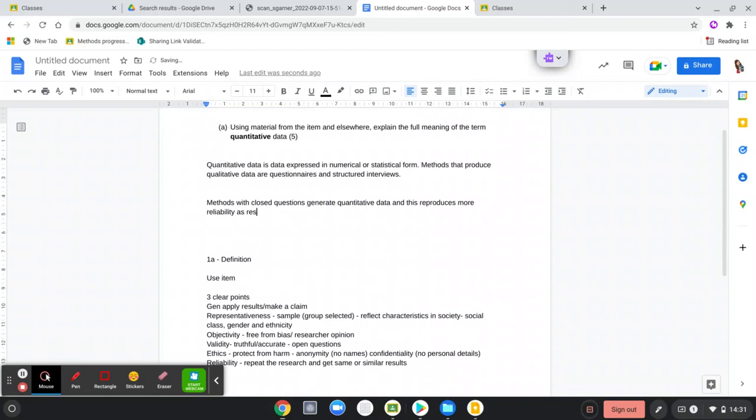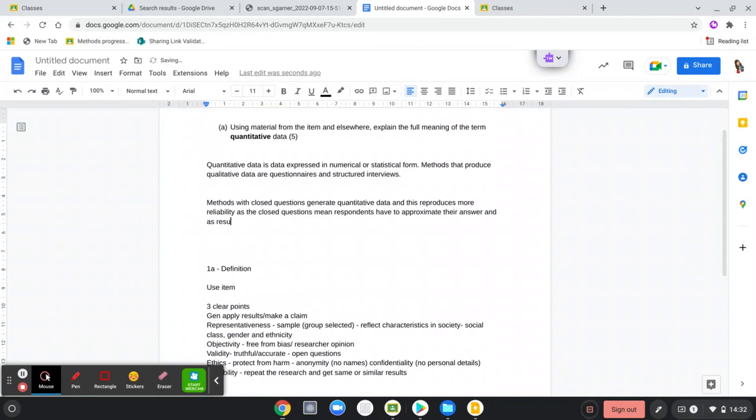as the closed questions mean respondents have to approximate their answers, and as a result are likely to give the same or similar answers in future.